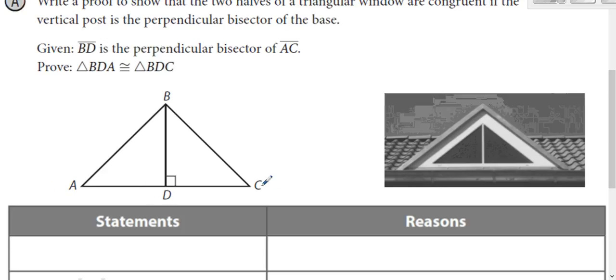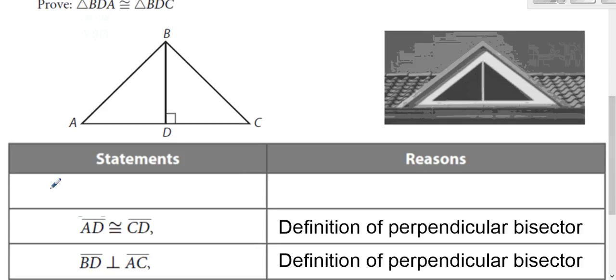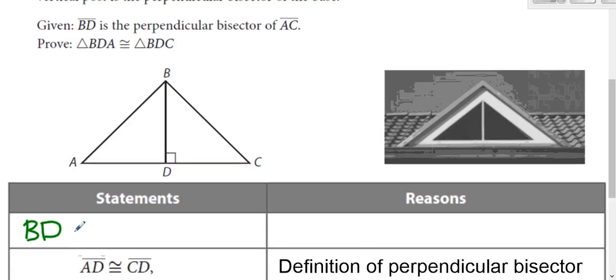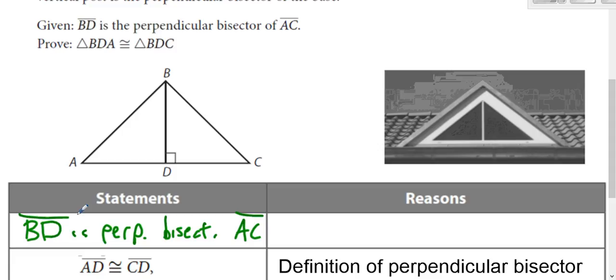That's always the first thing you write, the given. BD is the perpendicular bisector of AC. That was given.